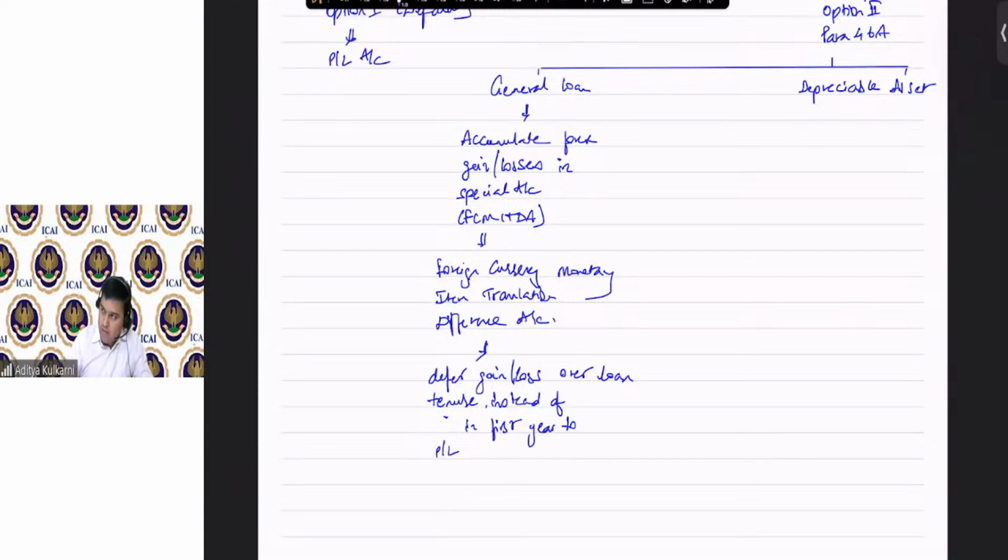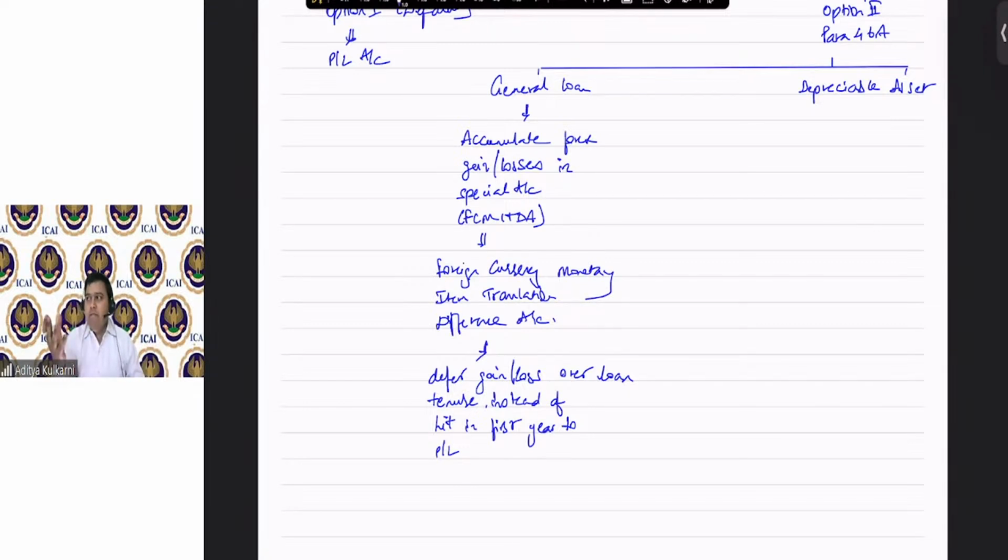Are we clear with this? Instead of hitting the P&L in the first year. So what we used to do was capture this into the FCMITDA account, and then amortize or spread it over the tenure of the loan.